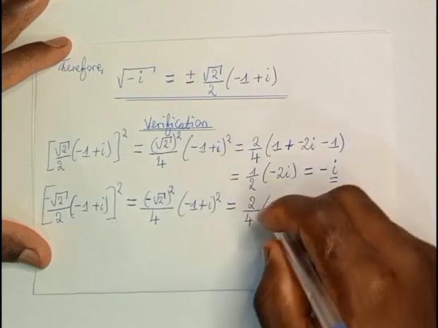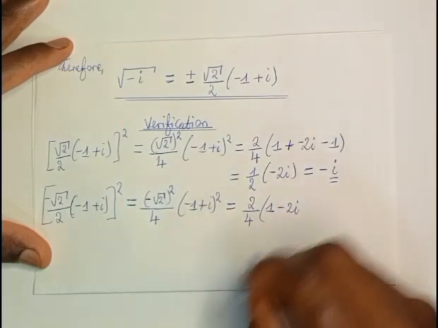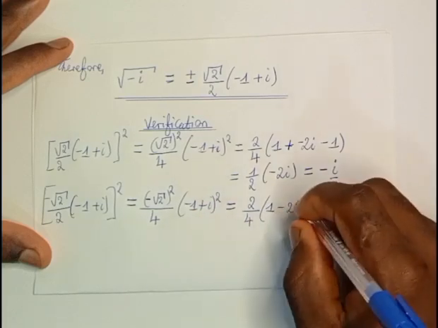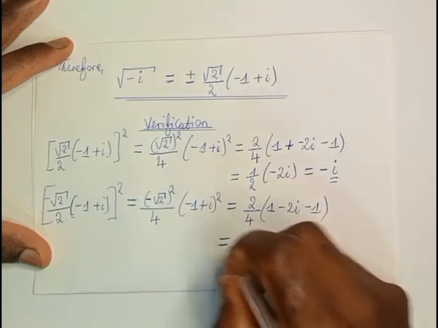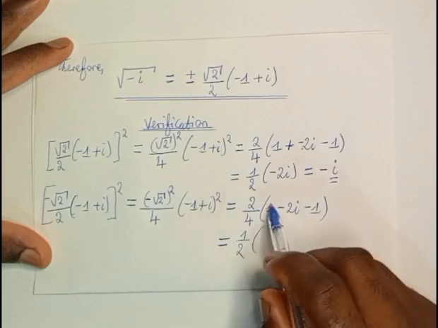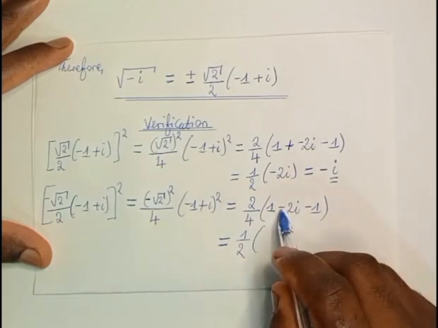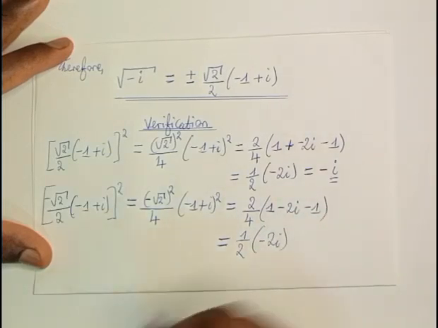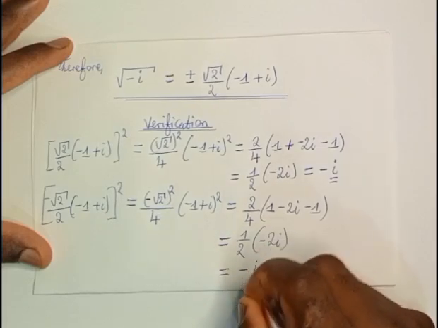Negative 2 times i gives us negative 2i, plus i squared gives us negative 1. This will be equal to 2 over 4 gives us a half times 1 minus 1 gives 0, 0 minus 2i, negative 2i. A half times negative 2i gives us negative i, which is true.